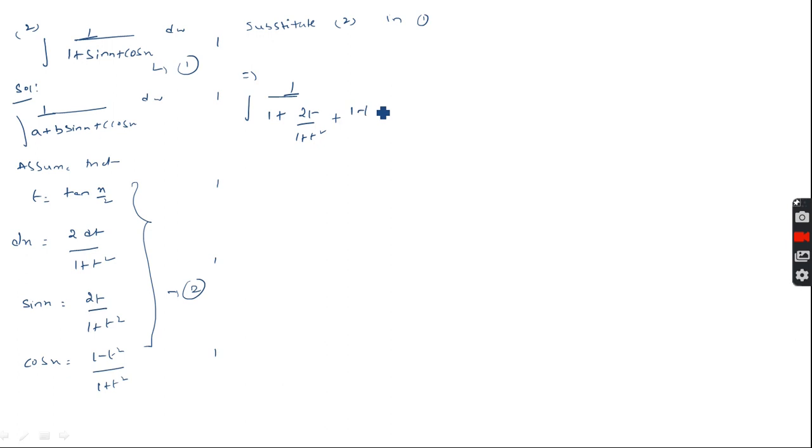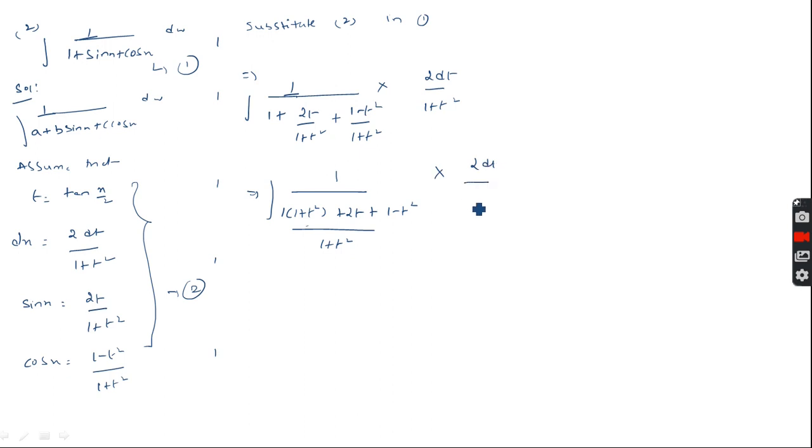Cos x is nothing but 1 minus t square by 1 plus t square, into dx. What is the value of dx? Dx is nothing but 2 into dt by 1 plus t square. So what is the LCM? The LCM is 1 plus t square here. So we get 1 by 1 into 1 plus t square plus 2t plus 1 minus t square by 1 plus t square, into 2 into dt by 1 plus t square.